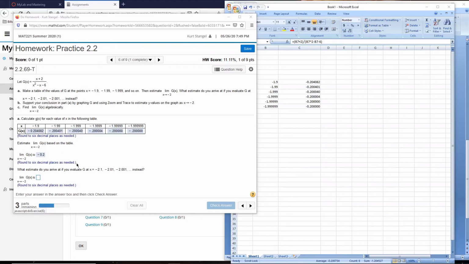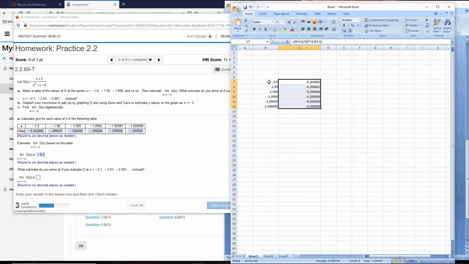So if we check out the next part here, what estimate do we arrive at if we change the inputs? So here we were approaching from the right, and now they want us to approach from the left. So I'll just change these here then to approaching from the left.